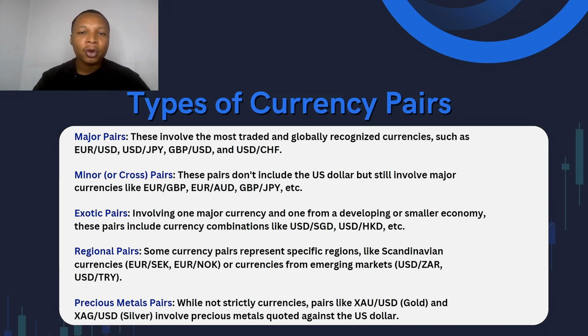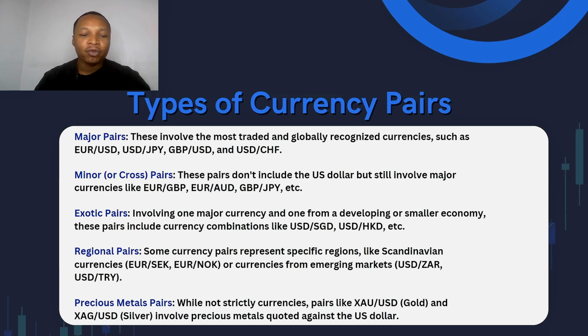When we have the US dollar paired against currencies from smaller economies like Singapore and Hong Kong, we call them exotic pairs.